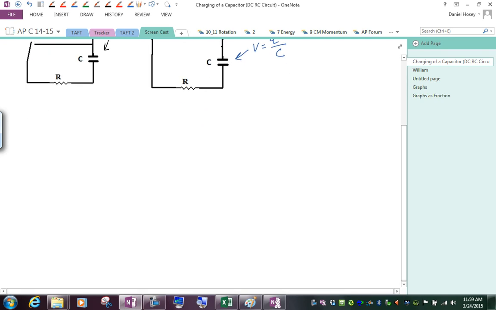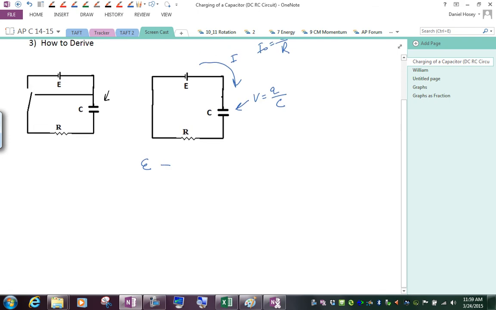And the battery voltage, as you go around, you go through the capacitor, and going through the capacitor is kind of like we talked about going through a battery backwards, going from the positive terminal to the negative terminal. So that's the voltage of the capacitor minus the current times that resistor, and that has to add up to 0.